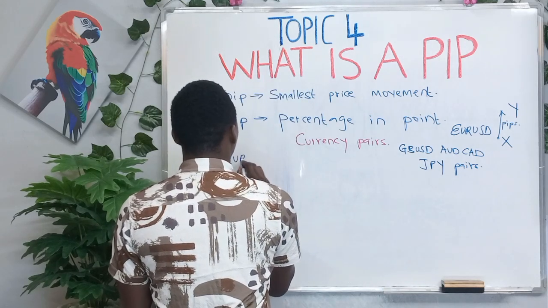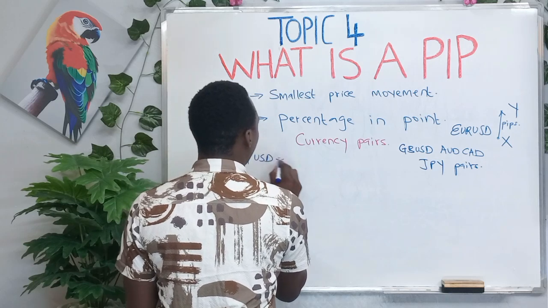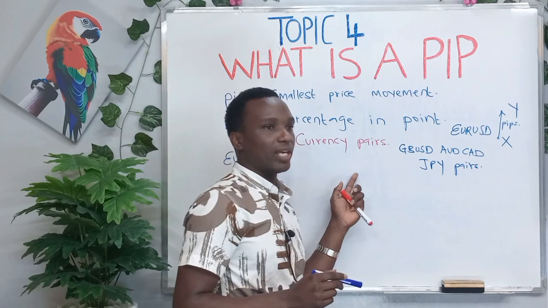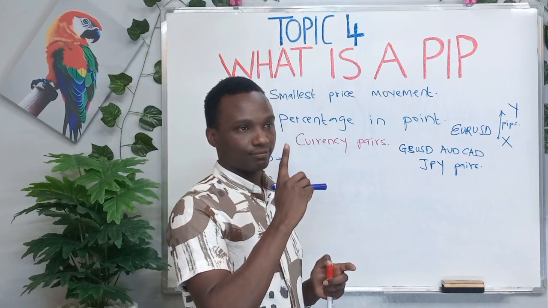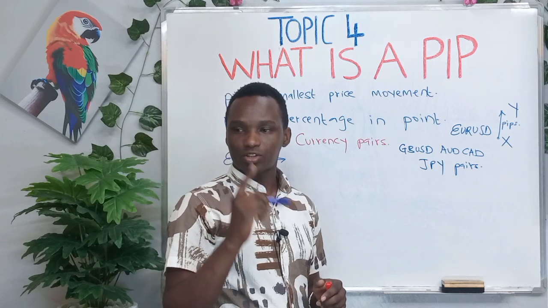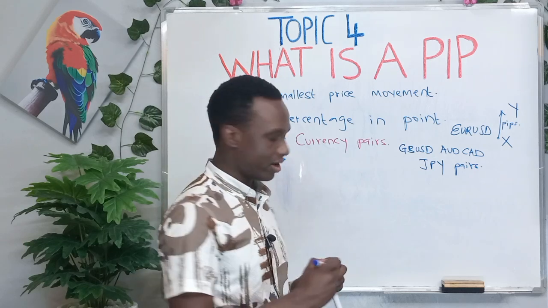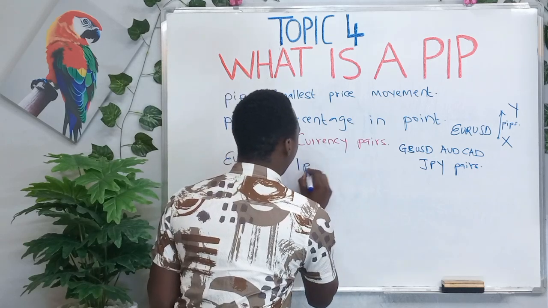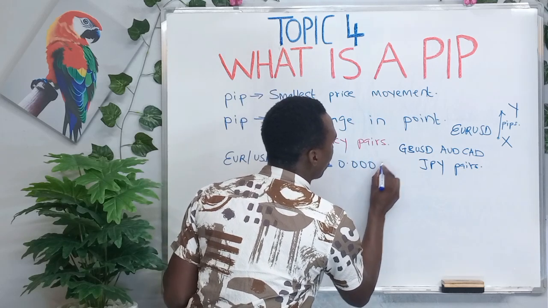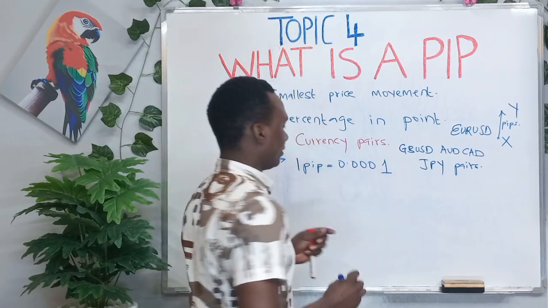And let us look at how we calculate the pips in Euro USD. In Euro USD, one pip equals 0.0001. All right? What am I saying? One pip equals 0.0001. Okay?